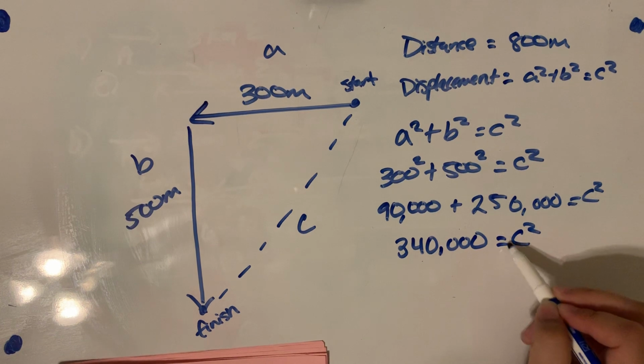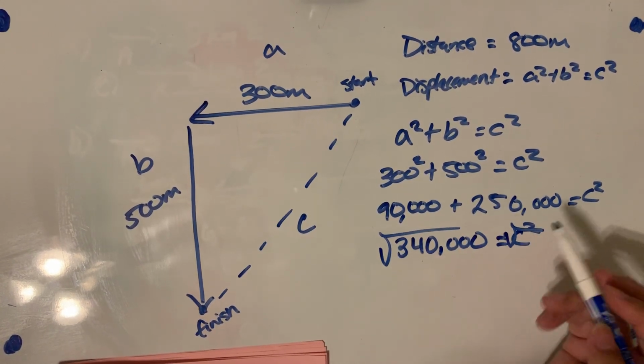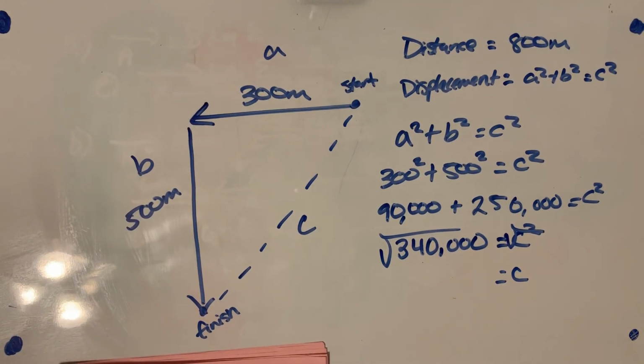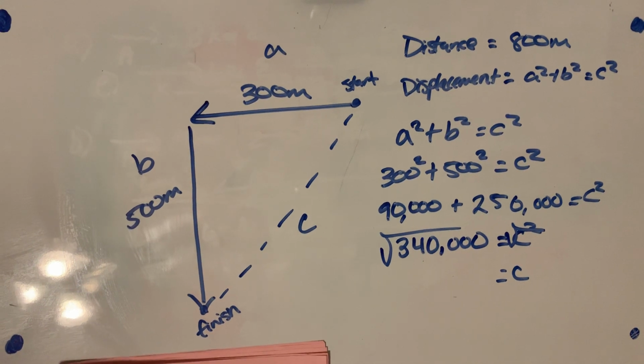Remember, get rid of the squared, use square root. To get c by itself, square root. 340,000, put it into your calculator.